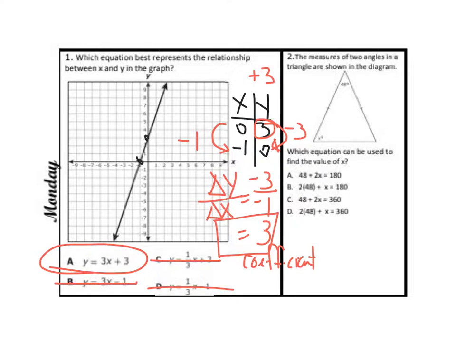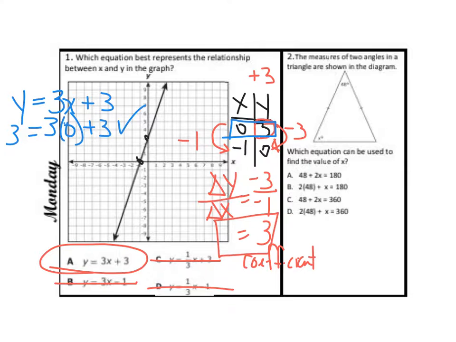The way you could check is to actually do the math. So I'm going to substitute the 2 points into y. So if you say into letter A, y equals 3x plus 3. Well, when x is 0, is y 3? Yes.